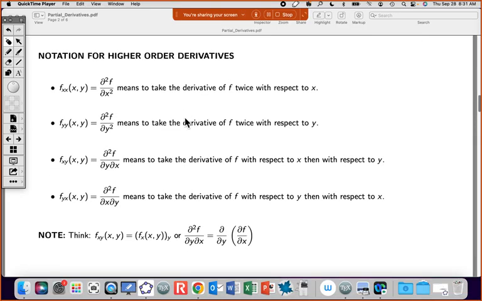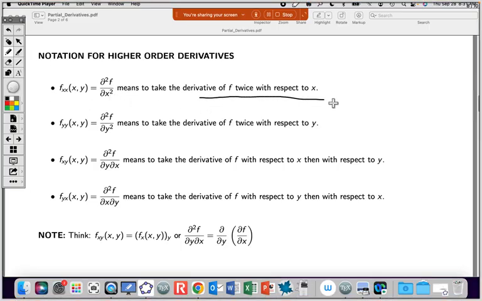Once you take one derivative, you got to take more of them. So how do we take higher order derivatives? Well, we got fxx denoted this way. That just means you take the derivative with respect to x twice. Similarly, fyy, which is denoted this way, means you take the derivative of f with respect to y twice.